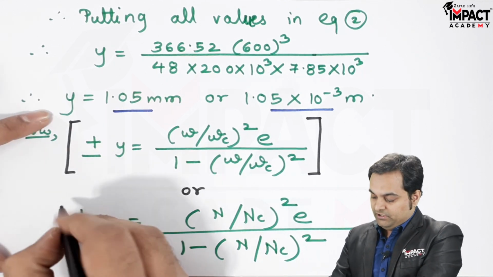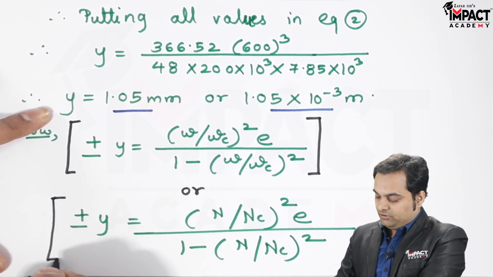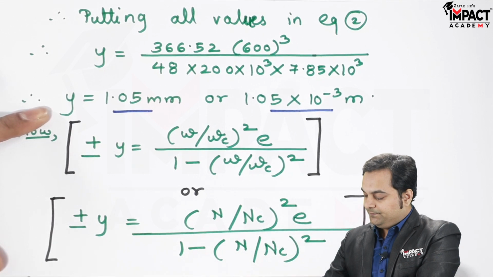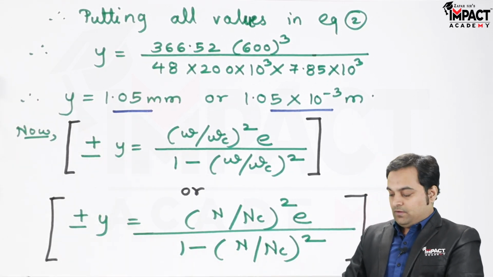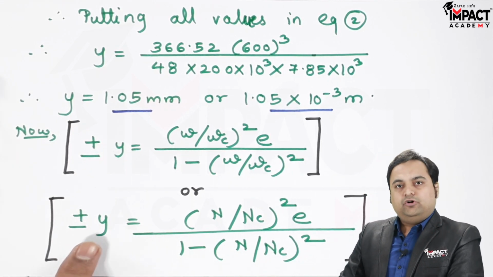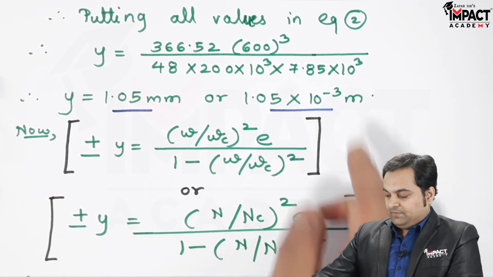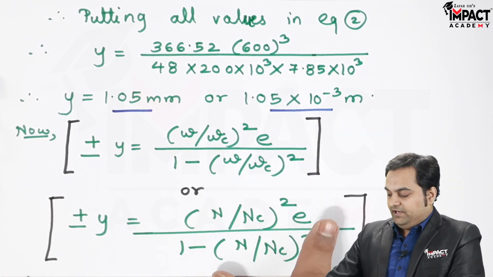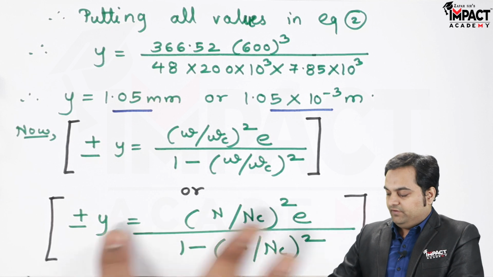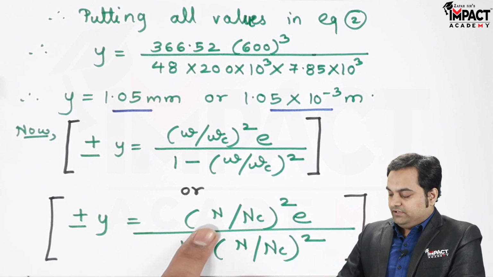So this is the formula of the dynamic deflection, and in this we have to place the value of Y in terms of meter, and even this E would be in terms of meter. So I'm going to put the values and we are going to get the speeds here.